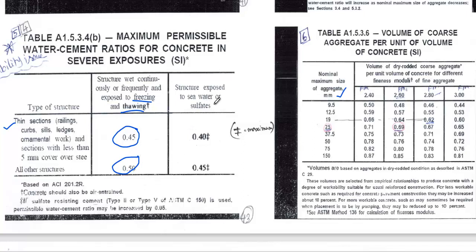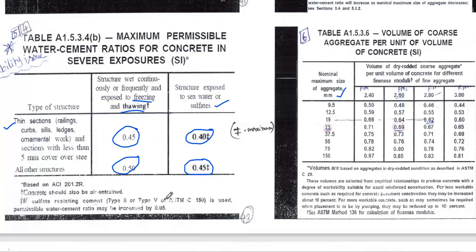If it is exposed to seawater or sulfate waters, do you understand? Or in some industry where you have sulfate attacks in concrete, you have a high chance of sulfate attack, so that time you have to consider around 0.4 or 0.45 for this. So this way you can adjust.